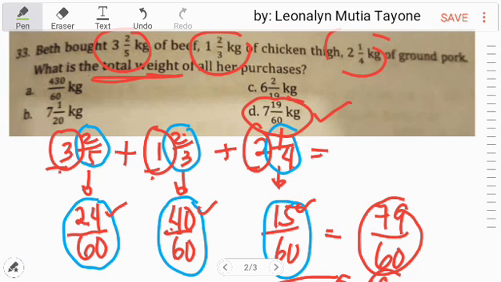Ang tanong dito is, what is the total weight? Ibig sabihin, i-add lang natin itong tatlong mixed numbers na given. So, nung nag-add tayo, nag-focus muna tayo sa mga fraction. Pag mag-add tayo ng fraction, dapat yung denominators nila ay pareho. Kaya, ang least common denominator nila ay 60.